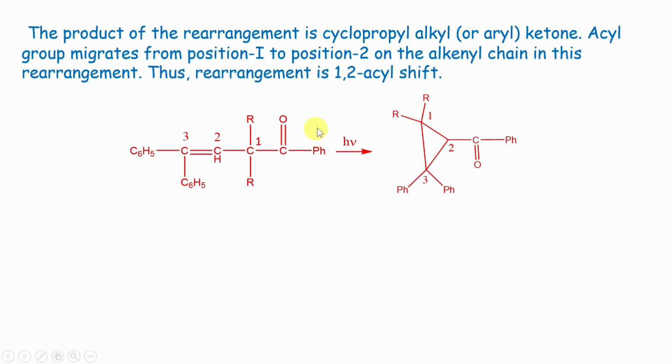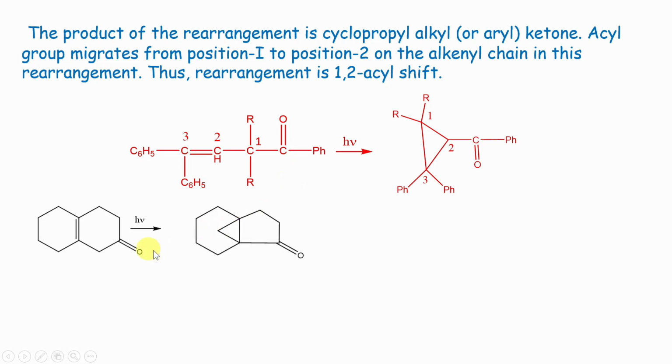Okay, that is the mechanism involved that you have seen already. Then how does this conversion take place? What is the mechanism of this reaction? This molecule, you can see, has an alpha position, beta position, gamma position, and so it is a beta-gamma unsaturated ketone. It is a cyclic beta-gamma unsaturated ketone.